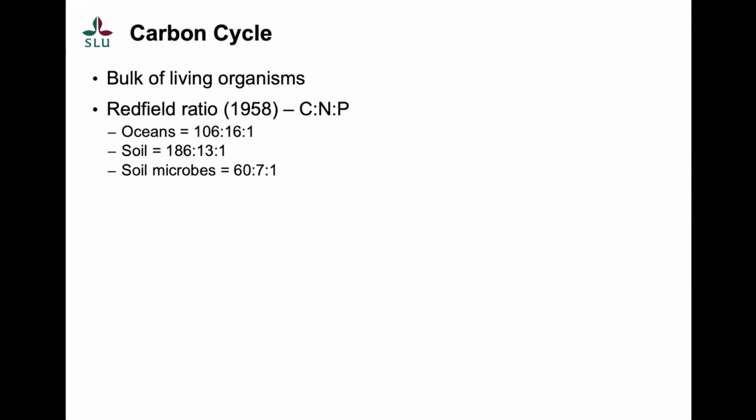You have 186 to 13 to 1. So you have much, much more carbon. But a lot of that has to do with the microorganisms living in it. Looking at soil microbes, it's 60 to 7 to 1. So that means there's a whole lot more nitrogen and phosphorus being incorporated into the microorganisms. That gives you an idea of what might be limiting in the soil environment. Nitrogen and phosphorus are quite often limiting. That's why we fertilize, right? For agriculture.